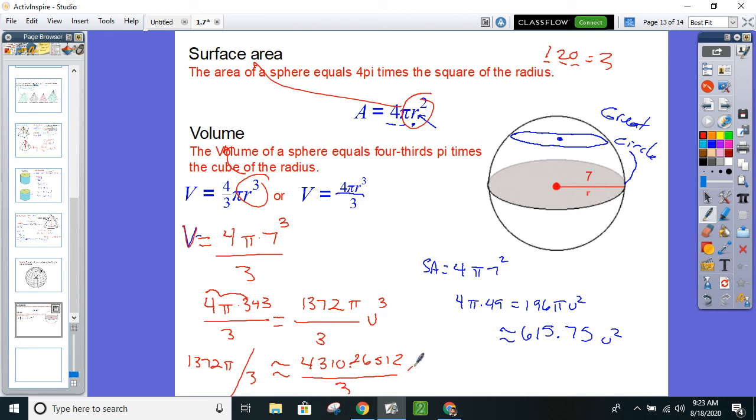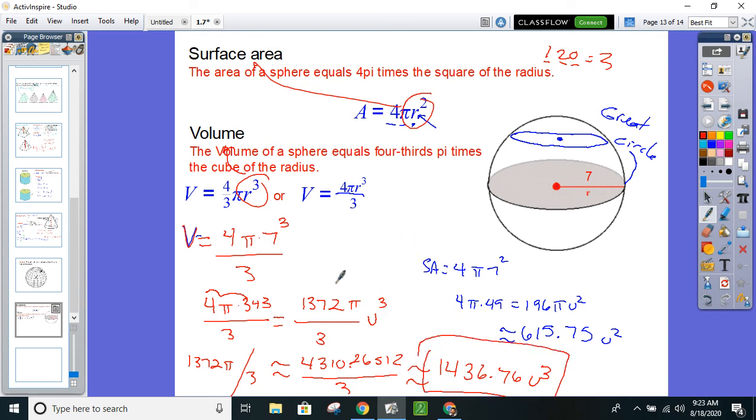Your answer should be roughly 1,436.755 units cubed. That's the decimal answer for this problem.